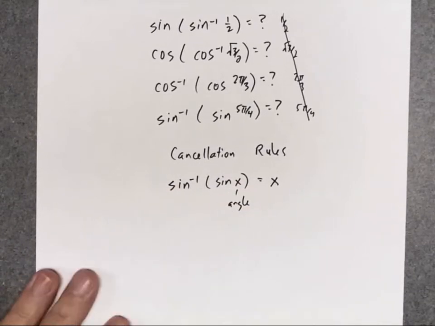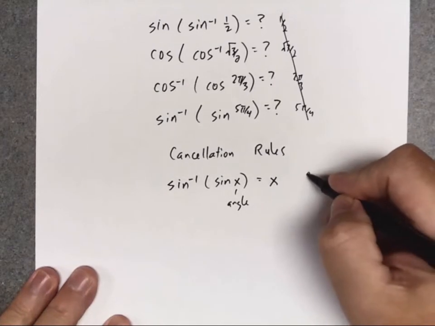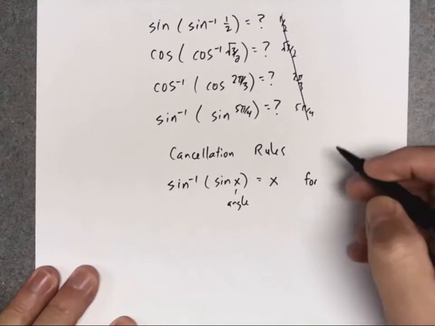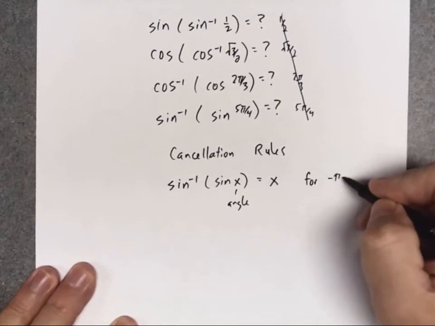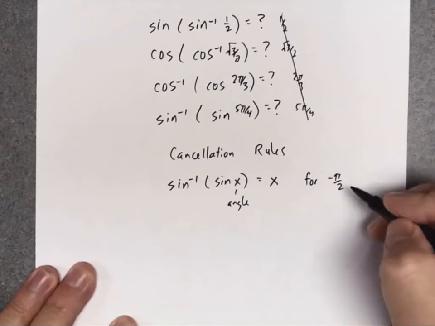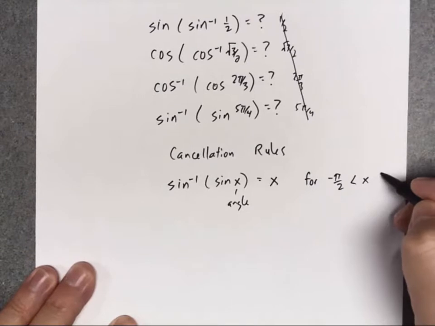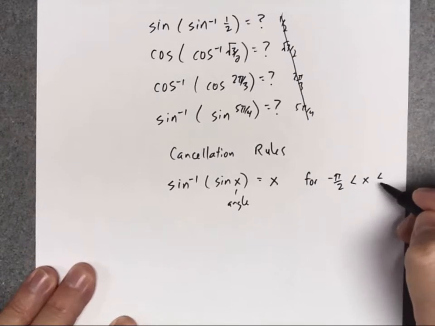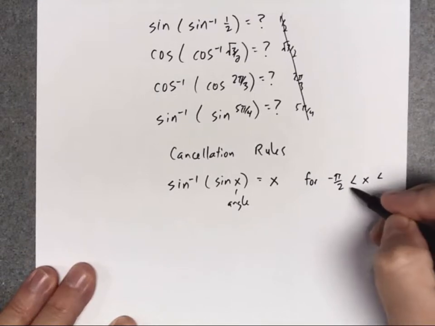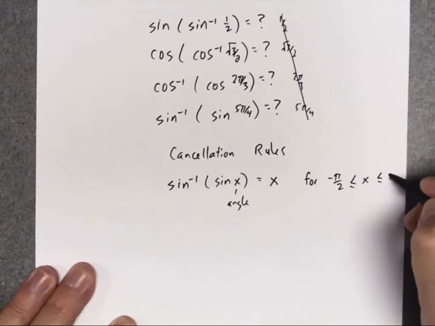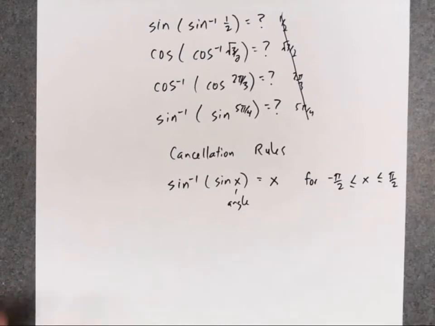That can happen, but here's the restriction. It only works if your starting angle is between negative pi over 2 and pi over 2.